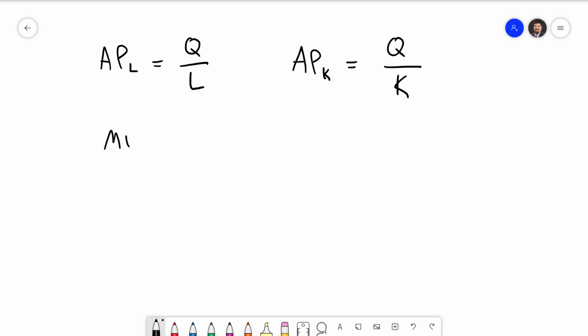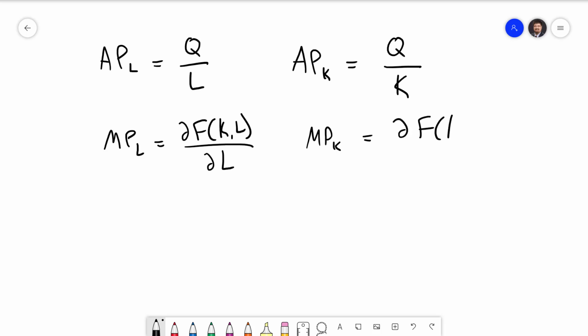Our marginal product of labor will be the partial derivative of the production function with respect to L, and the marginal product of capital will be the partial derivative of the production function with respect to K. The marginal product helps us to define the shape of the production function. There are a few different things that can happen.